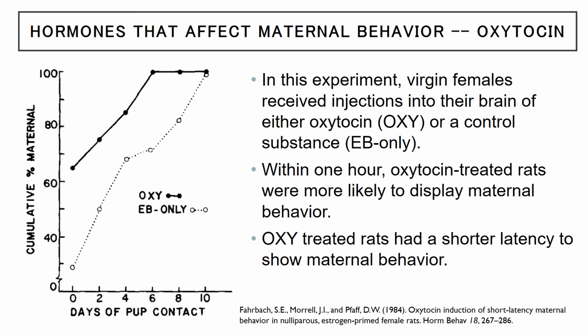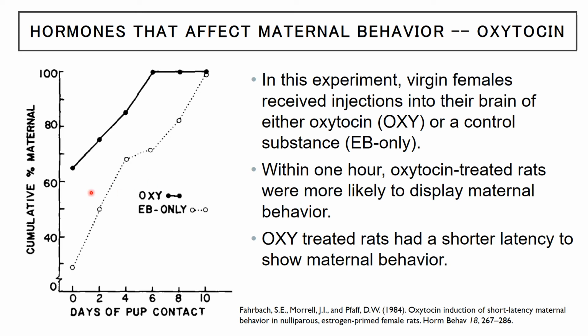This is another experiment showing the effects that it has, where you inject animals with oxytocin into the brain. So they're injecting this directly into the brain, either with oxytocin or just a control substance. And then they're looking to see whether they're more likely to show maternal behavior or not.